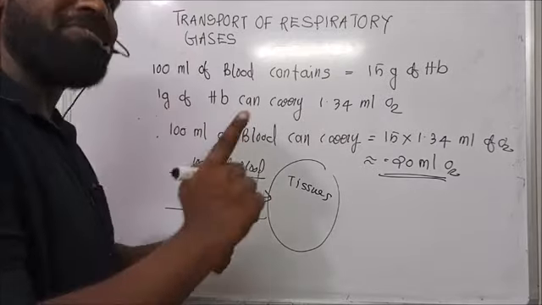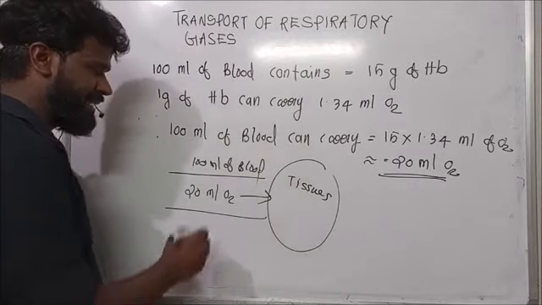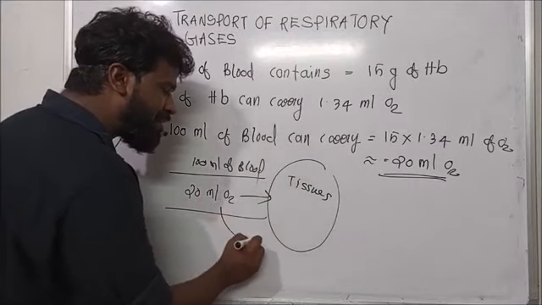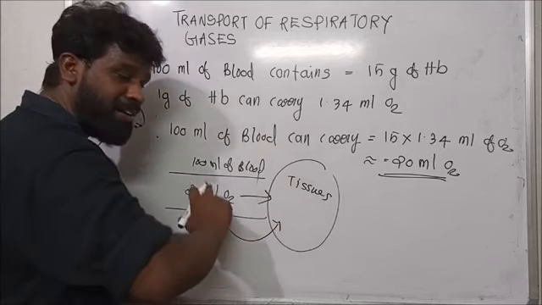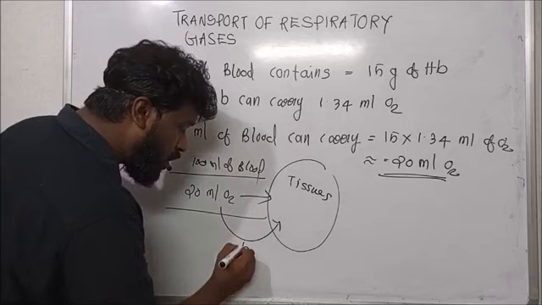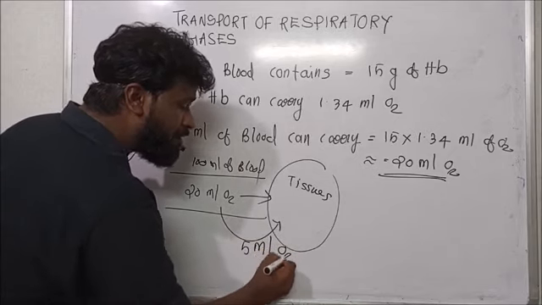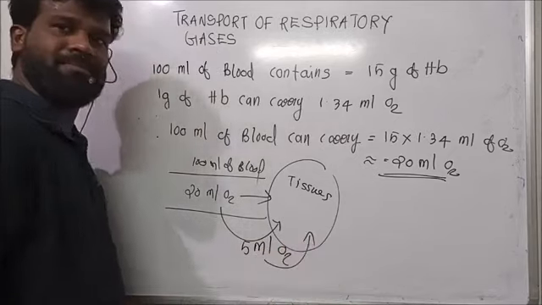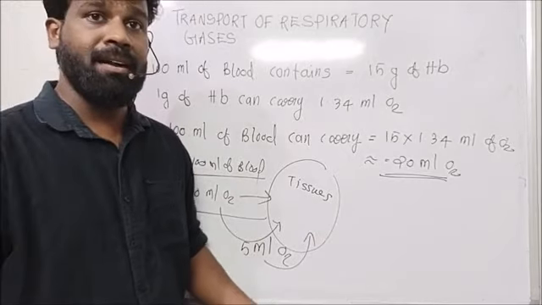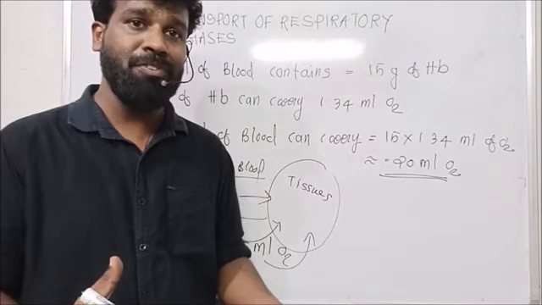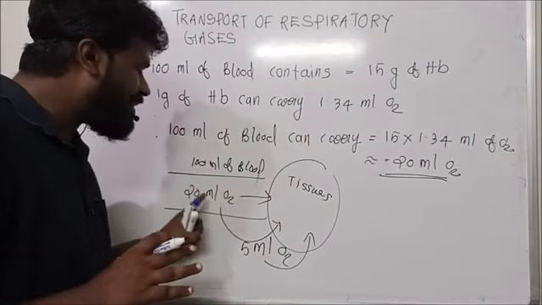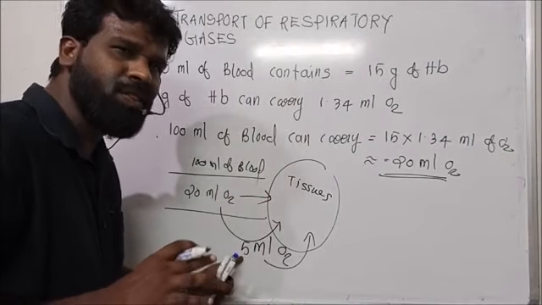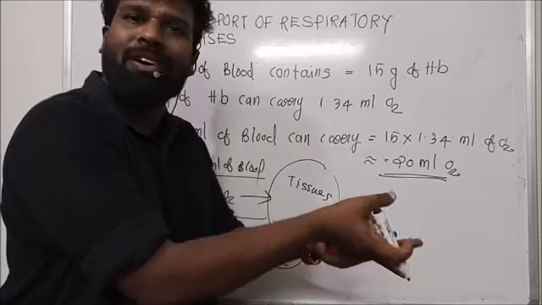So for the normal physiological activity, every 100 ml of blood delivers only 5 ml of oxygen to the tissues. See, this 100 ml of blood can carry 20 ml of oxygen, but for the normal physiological activity, it delivers only 5 ml of oxygen to the tissue.